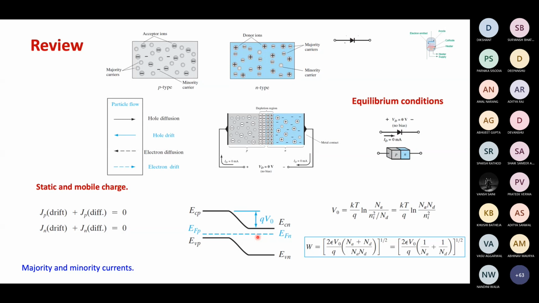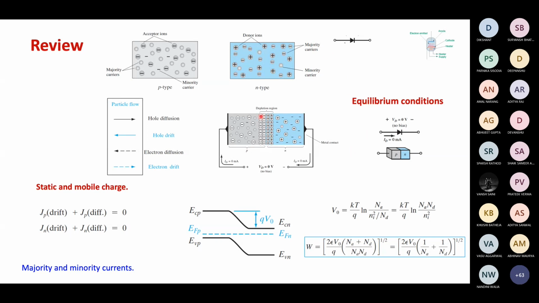They do not have any difference in the potential energy. But if the Fermi level is different, that is essentially a difference in the potential energy of the carriers, and that is what gives rise to the potential or voltage across the device.